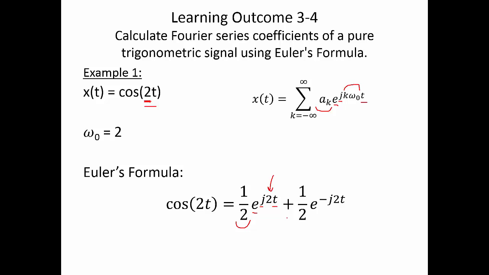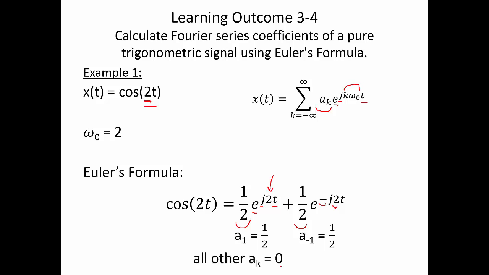Similar for this next part of the equation, where the 1/2 is our a sub k, and now we have a minus 2, which is our k omega 0. And if omega 0 is 2, then k equals negative 1. So we wind up with an a sub 1, because k is 1, being 1/2, and an a sub negative 1, because k is negative 1, also being 1/2 for this example.